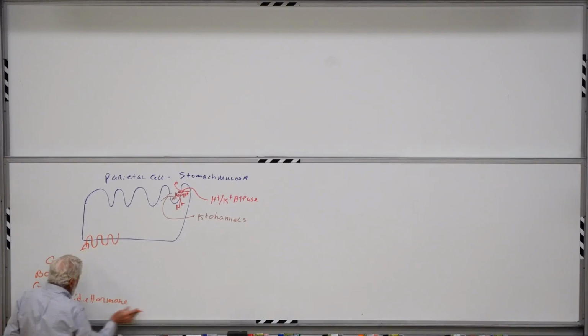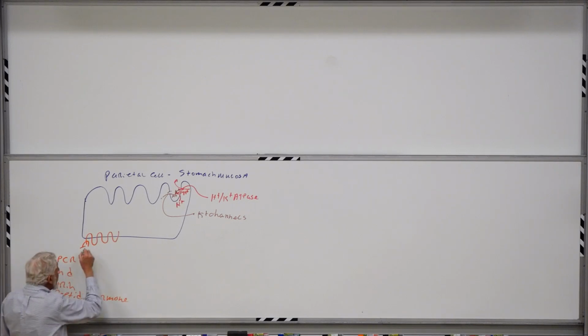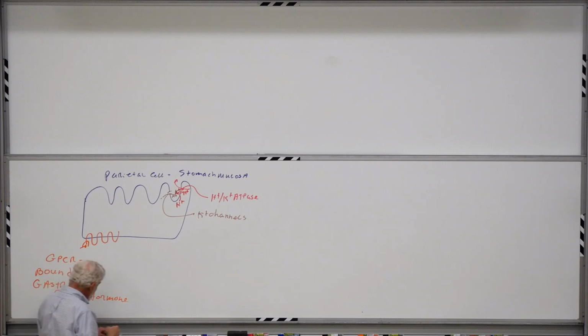Gastrin is a peptide hormone released from the G cells. And these were nearby cells to these parietal cells in the gastric pits. But the gastrin was released from the basolateral surface, went into the blood, and acted in a truly endocrine fashion to bind to those receptors.